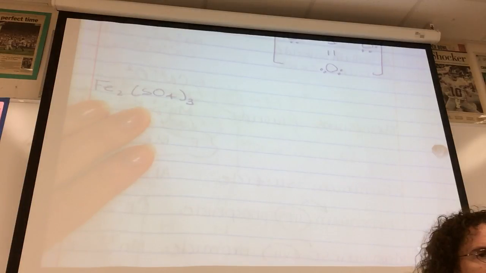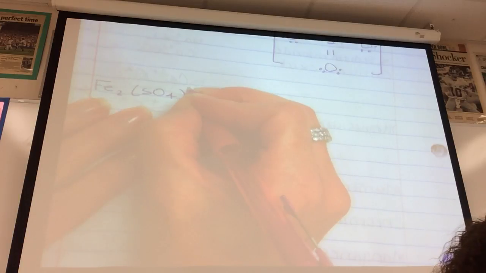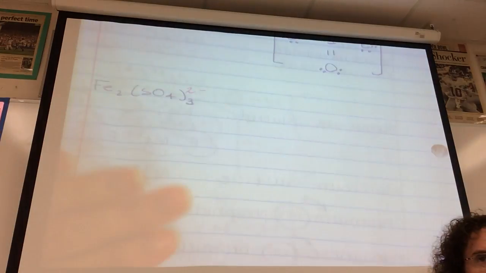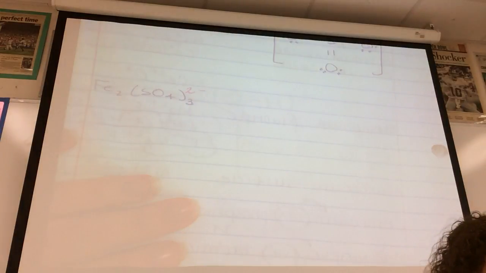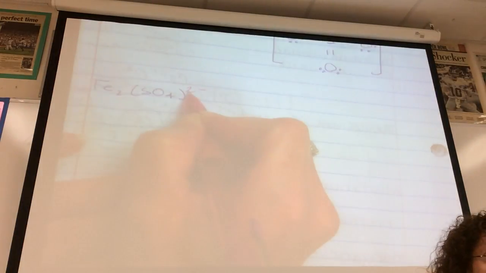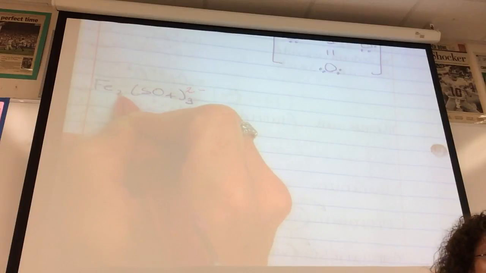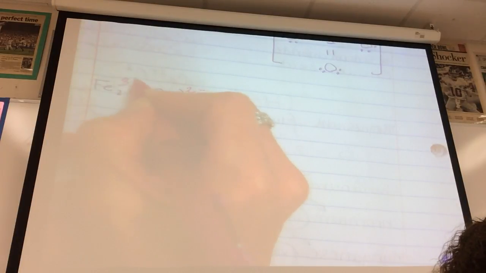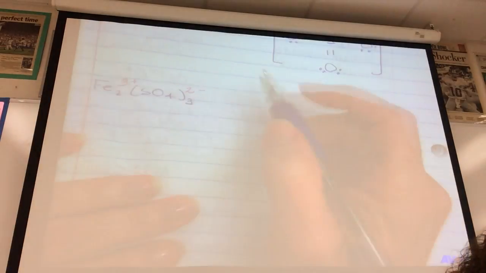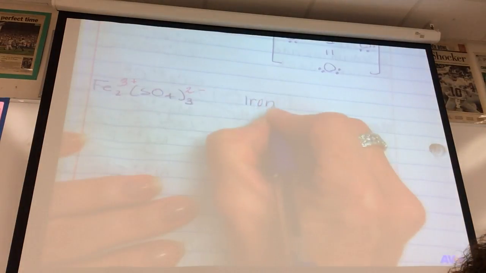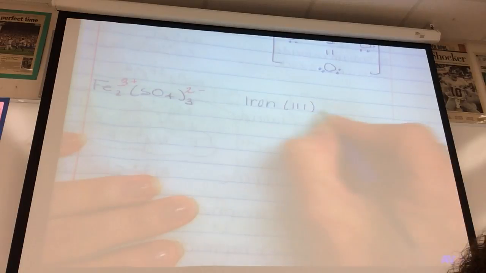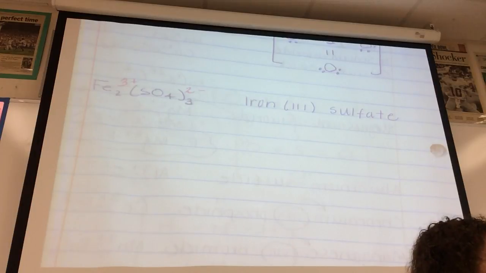SO4 is sulfate. And the charge is 2 minus. 3 times 2 is 6. Divided by 2 is 3. And this becomes iron(III) sulfate. We'll do several of these, don't panic.